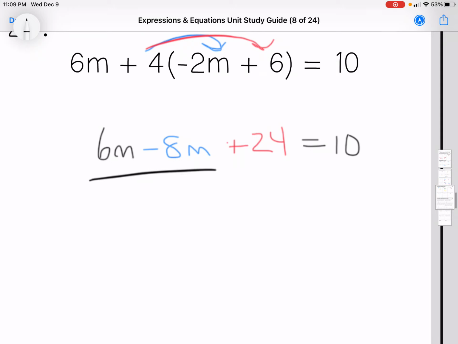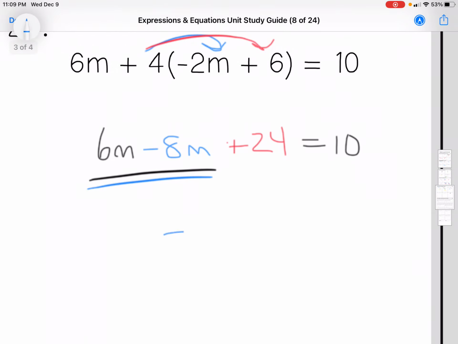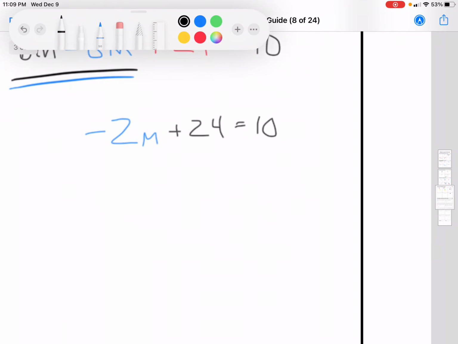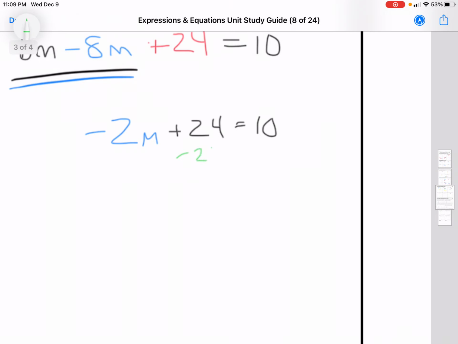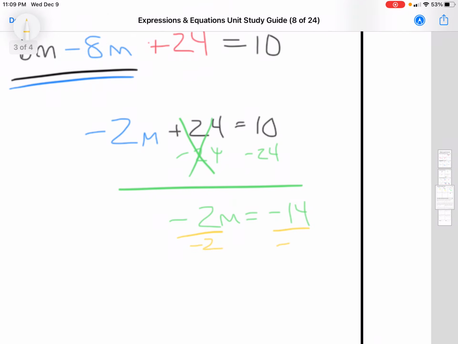Go ahead and combine those two like terms right there. So you're going to get negative 2m plus 24 minus 10. Subtract 24. Negative 2m equals negative 14. Divide by negative 2.